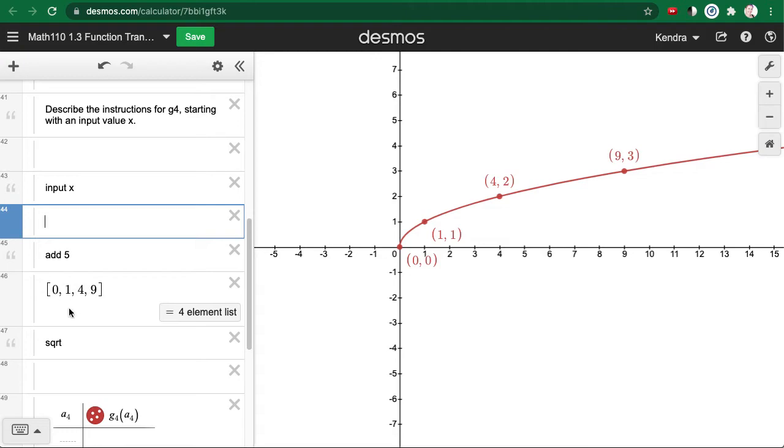So if I want to actually square root these numbers, then what I really need to do is figure out what I should input in order to get these numbers as my inputs to the square root part. I want to make sure that those key input values are the things that go into the square root, and I'm going to have to work backwards to figure out what to input to x in order to put those into the square root.